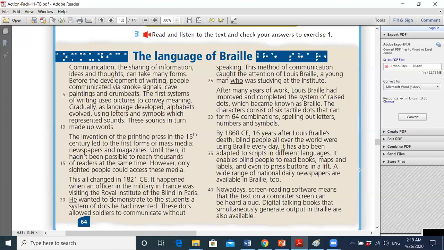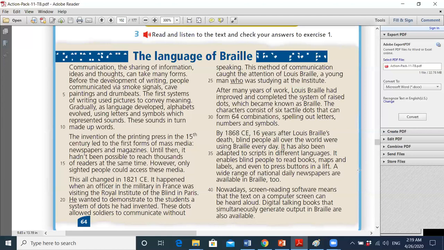Raised means high above, so you can touch them, you can feel them with the hand, which became known as Braille. So what became known as Braille? The system of raised dots. The characters, or the signals, or the symbols, consist of 6 tactile dots that can form 64 combinations, spelling out letters, numbers, and symbols. So these tactile dots, tactile is an adjective that is related to the sense of touch.